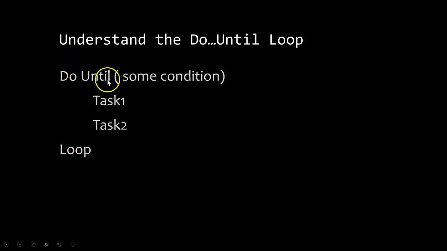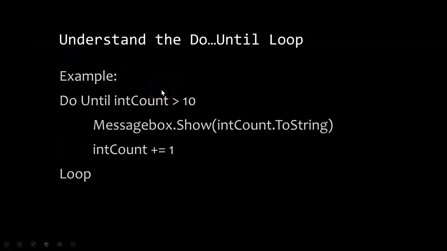So how does this work? It's going to check the condition. Let me give you an example: do until count is greater than 10. If I come into the structure and the count is, say, 0, the count is not greater than 10, so I go inside the loop and actually do the work.